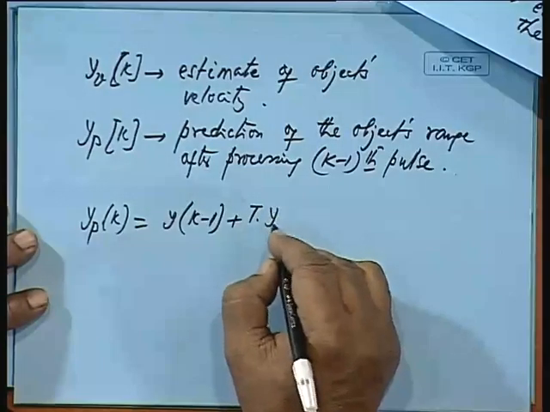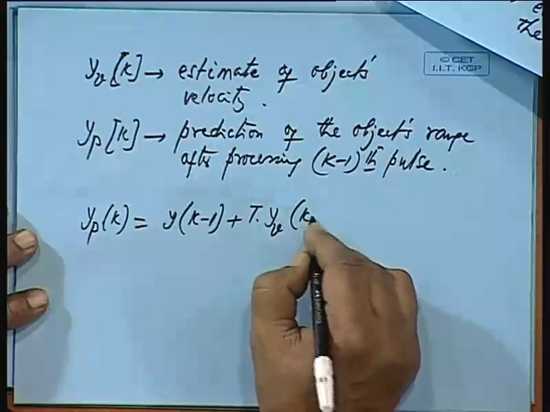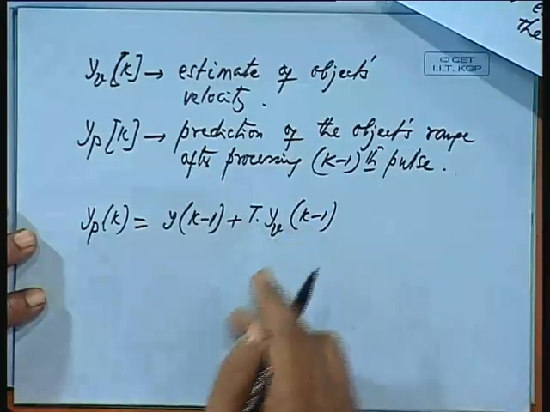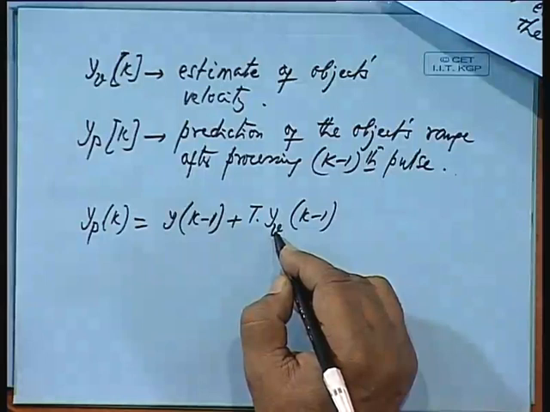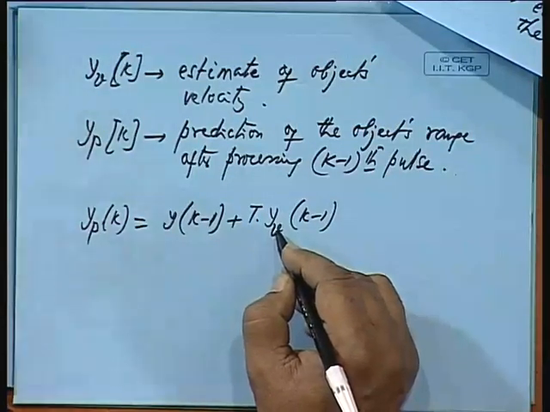So, T into yvk minus 1. Suppose this is the k minus 1th instant. At the k minus 1th instant, if I have estimated the value of the velocity of the object, and multiply by the time interval, I will get the increase in the value delta y. That added to the present estimate will give me the prediction.